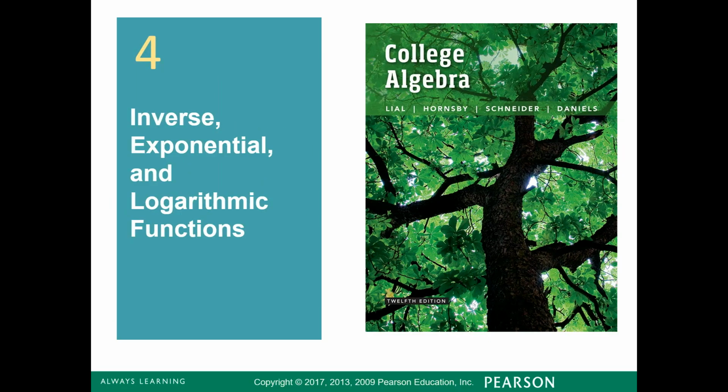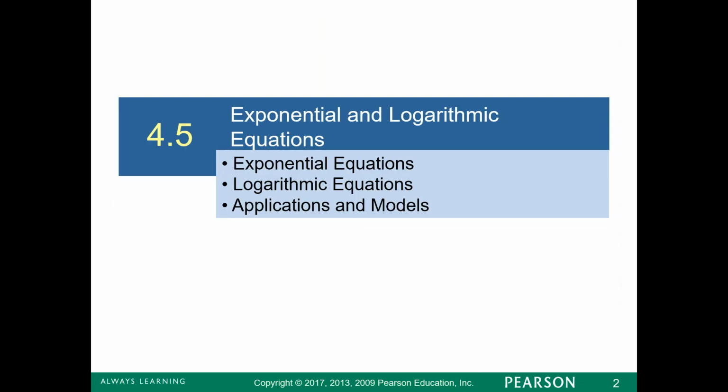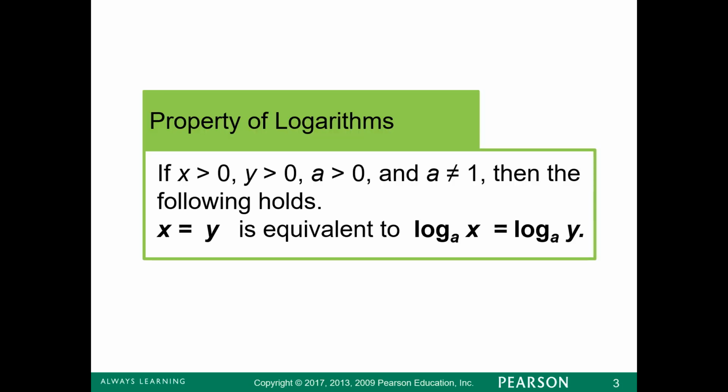Now here we will talk about the exponential equation, how you solve exponential equations. First of all, this property of logarithm is very important, so you need to know that. If x is positive, y is positive, a is positive, and a is not equal to 1, and if you have x equal to y, that is equivalent with logarithm with base a of x equal to logarithm with base a of y.